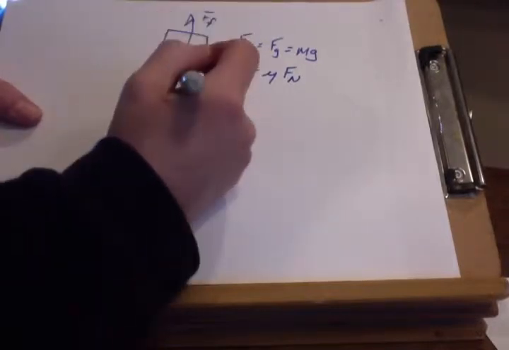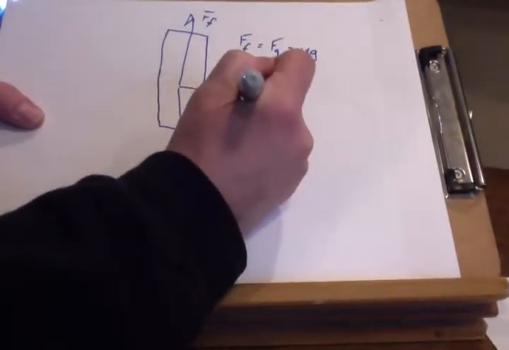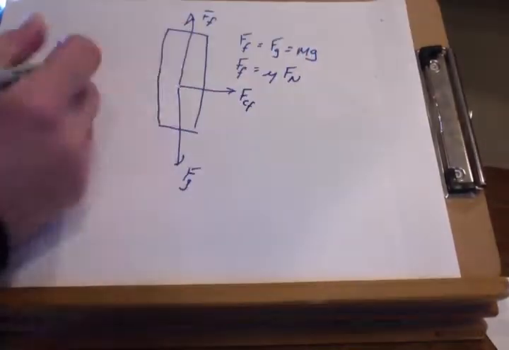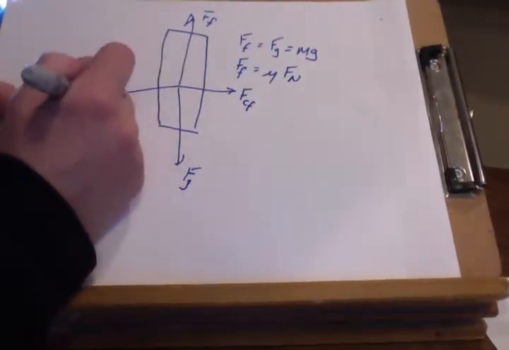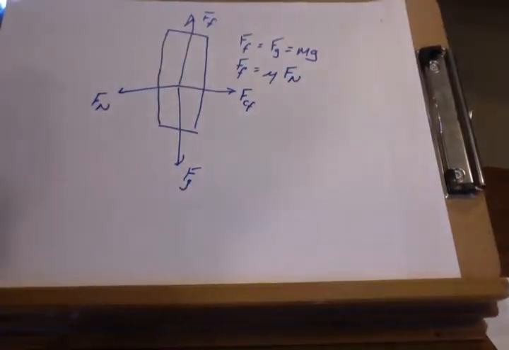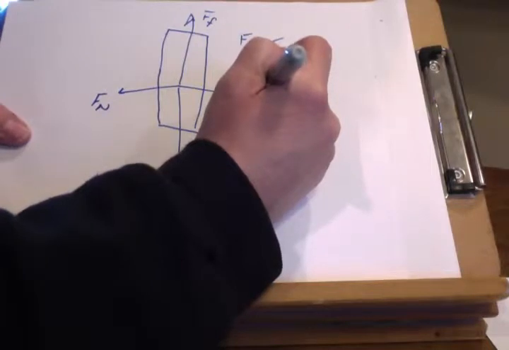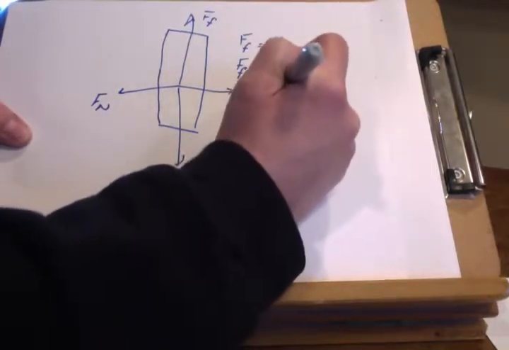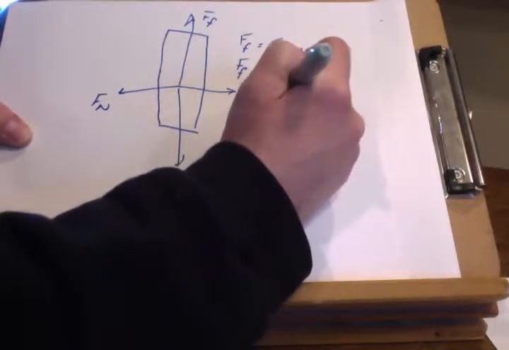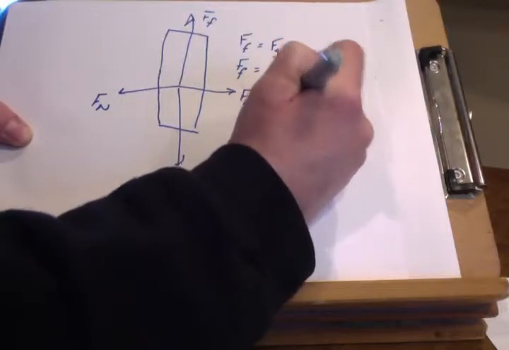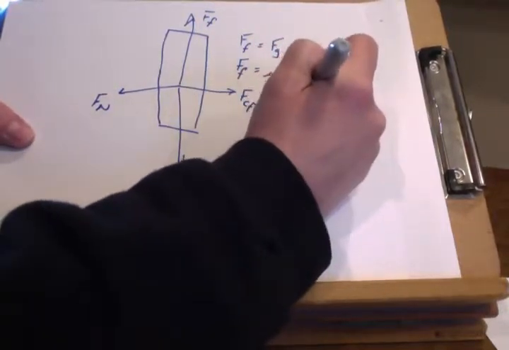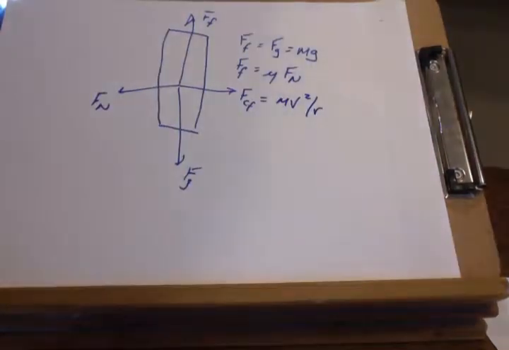In a centrifugal force universe, you have a centrifugal force this way, normal force this way. And the centrifugal force, we know, has to be equal to mass times the velocity squared over r.